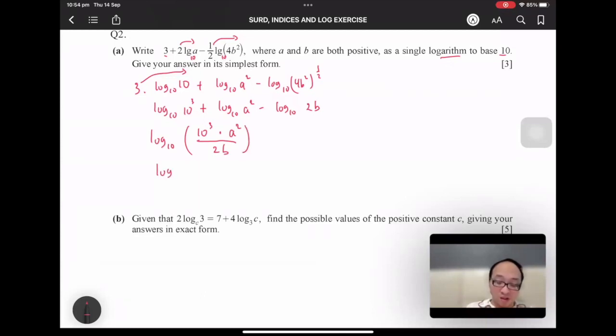So this is log base 10 of 1000 A squared over 2B, or log base 10 of 500 A squared over B. So this is the answer.